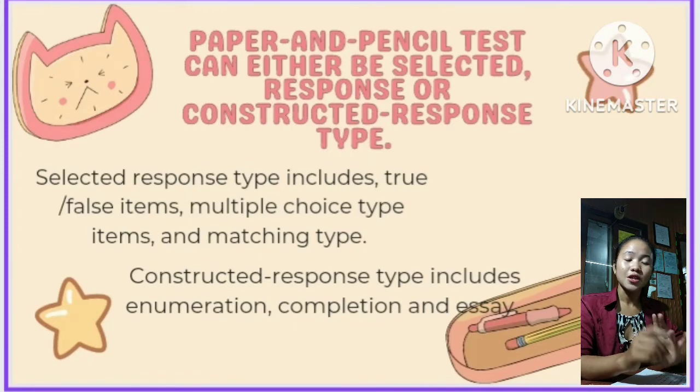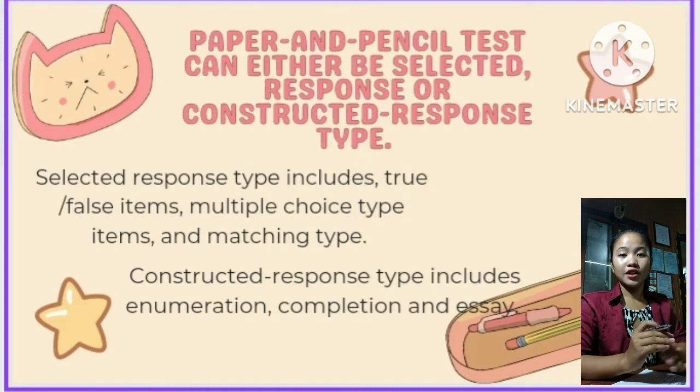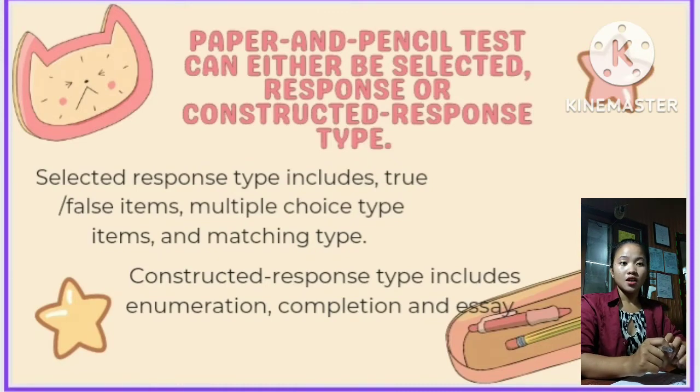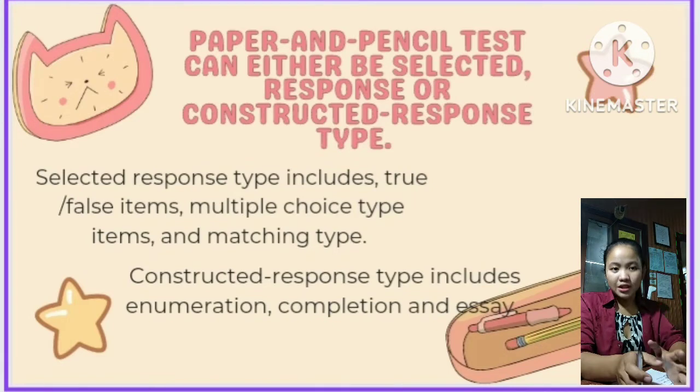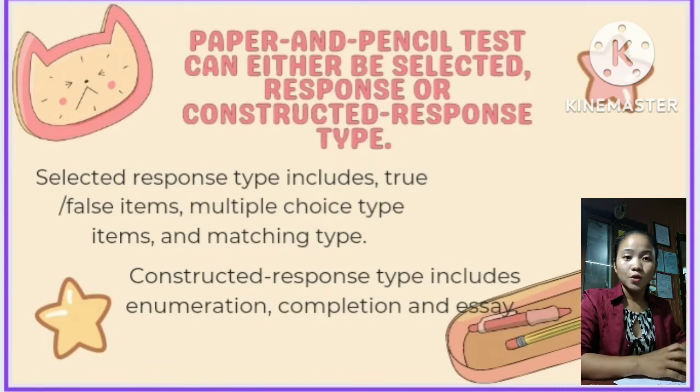Sa matching type naman is that dalawa lang din, pero more on sa matching type is the relationship of two things. For example, sa column A and sa column B. Halimbawa, sa column A is the works of the person or of the artist. Sa column B naman is the artist na kung sino ang gumawa ng sa column A na yun.